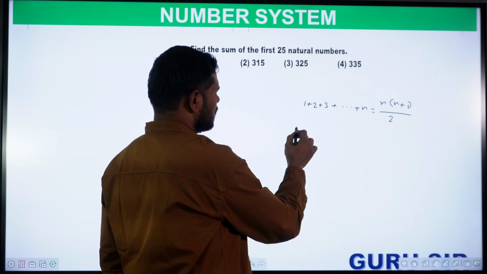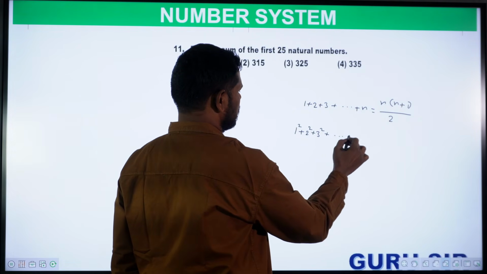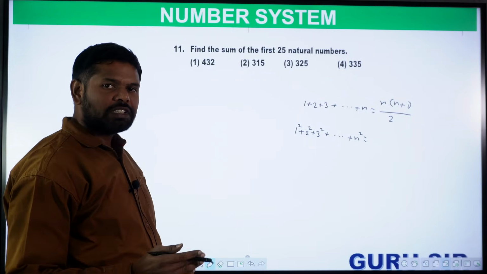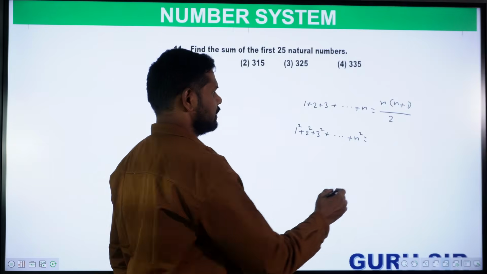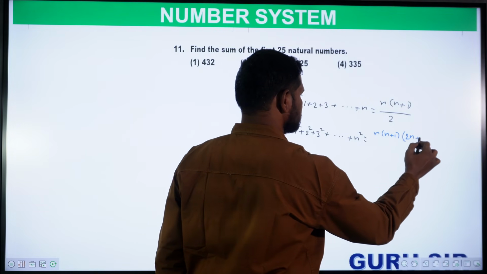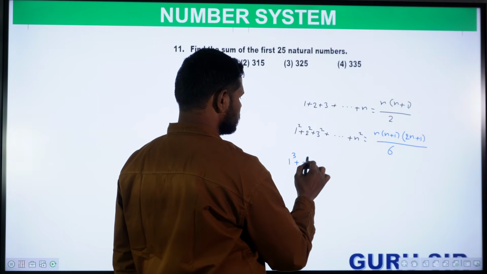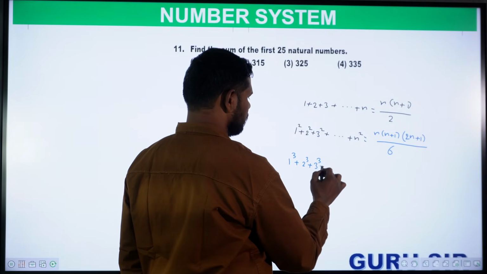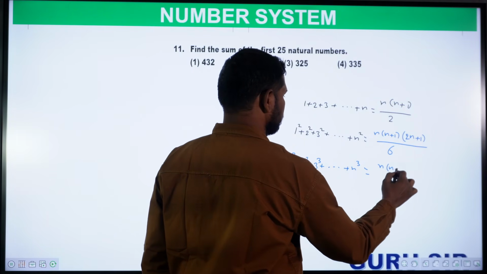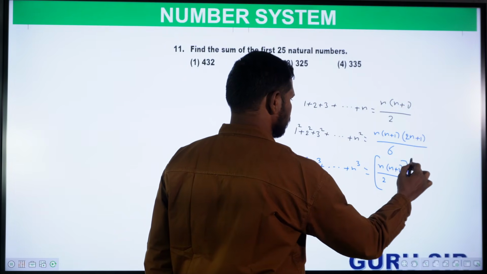For squares, 1 square plus 2 square plus 3 square and so on up to n square: the sum of squares of first n natural numbers is n into n plus 1 into 2n plus 1 by 6. Then cubes, 1 cube plus 2 cube plus 3 cube and so on up to n cube: n into n plus 1 by 2, whole square. These are the three formulas.